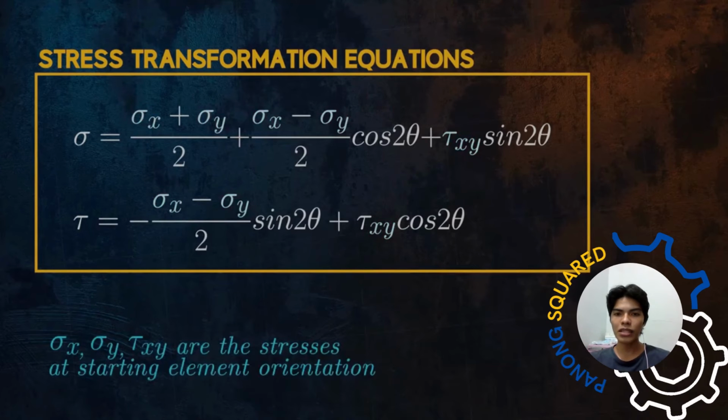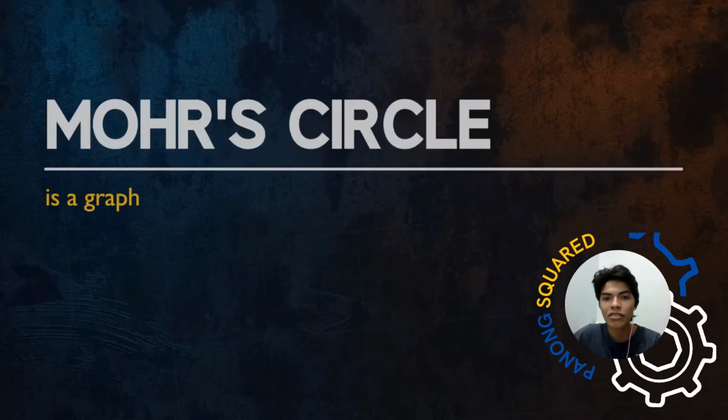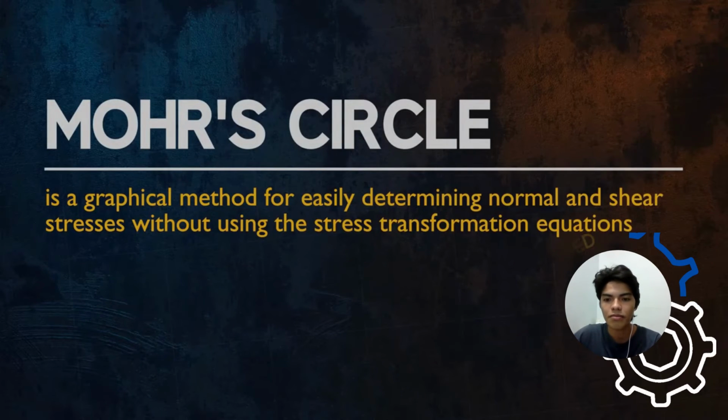The inputs to these equations are the normal and shear stresses at the starting orientation of our stress element. Mohr's circle is a graphical method for easily determining normal and shear stresses without using the stress transformation equations.